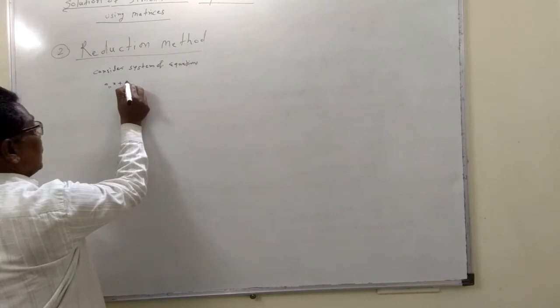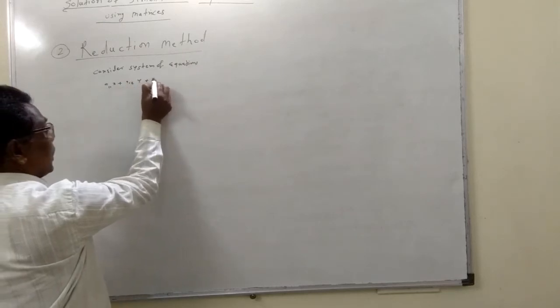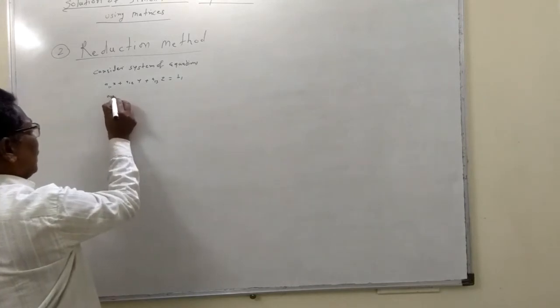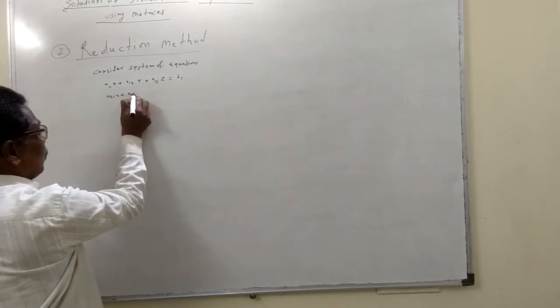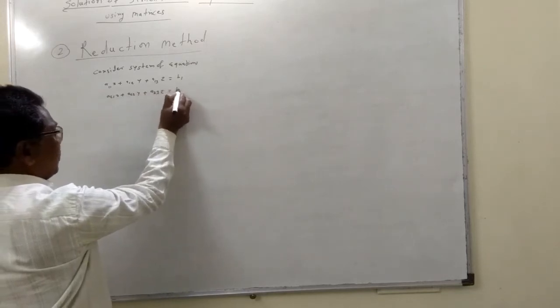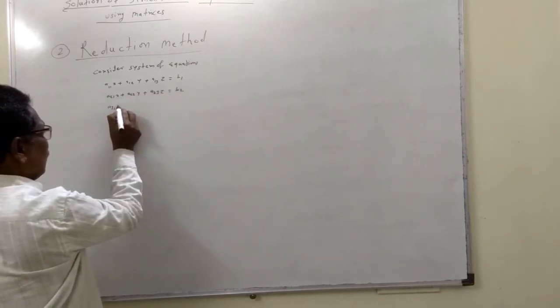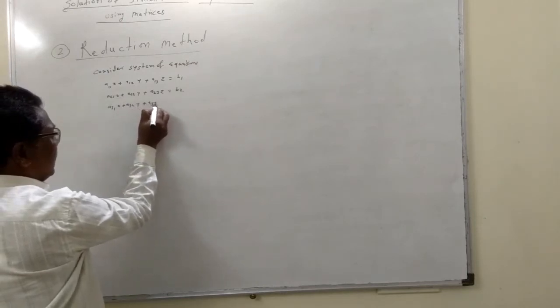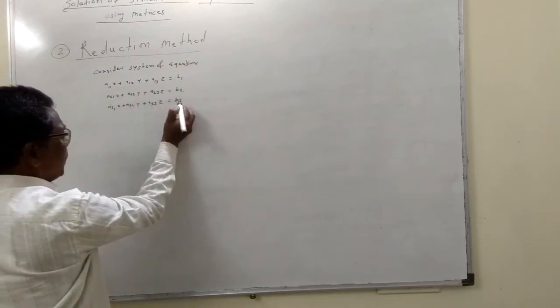a11x plus a12y plus a13z is equal to b1, a21x plus a22y plus a23z is equal to b2, a31x plus a32y plus a33z is equal to b3.